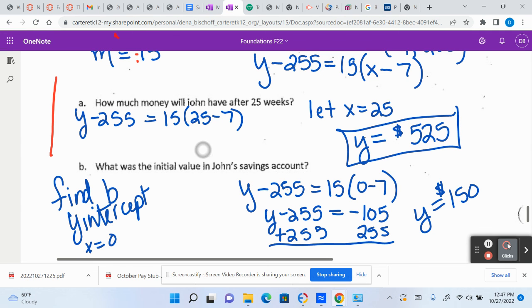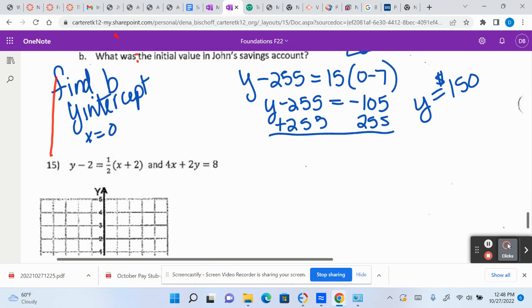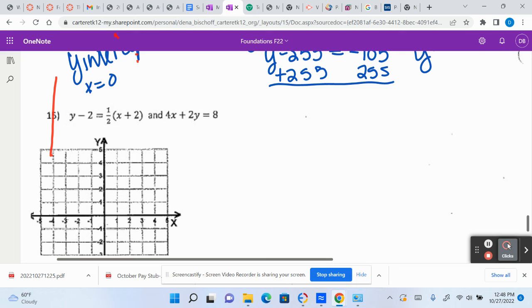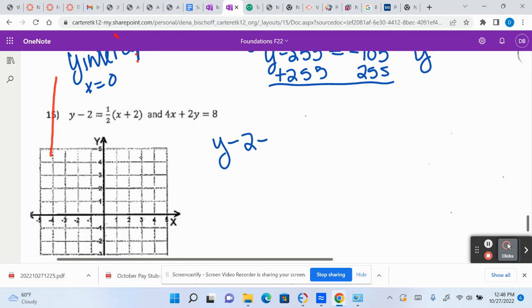I know we have one more question. So tell me, how am I going to graph that first equation? What do I know from this equation? The m is 1 over 2. What else do I know? Do I know a point? Yep.